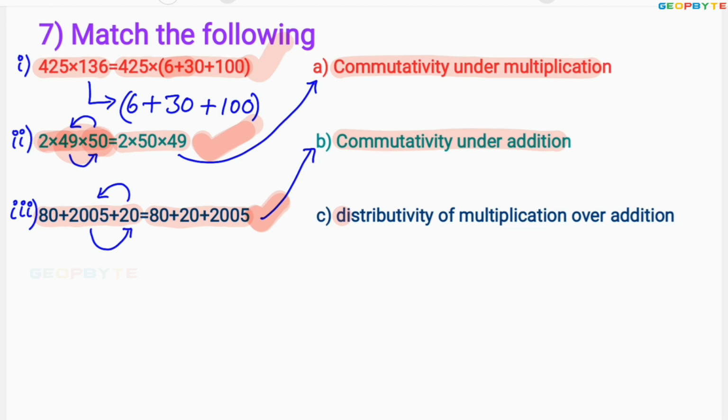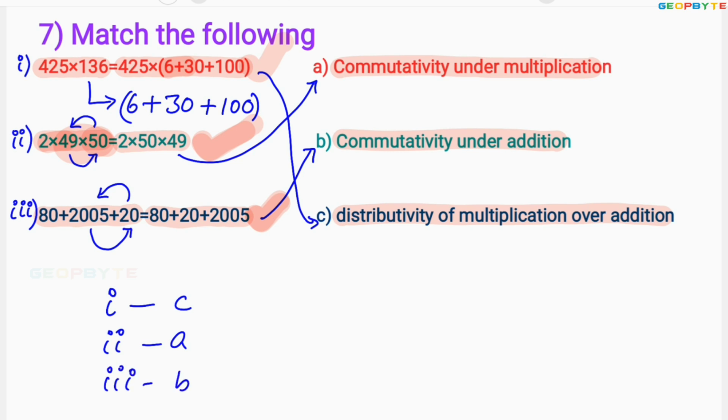Next, distributivity of multiplication over addition linked to this one. It means 1C is correct. 2A is correct. And 3B is correct. That is the correct matching of the given numbering.